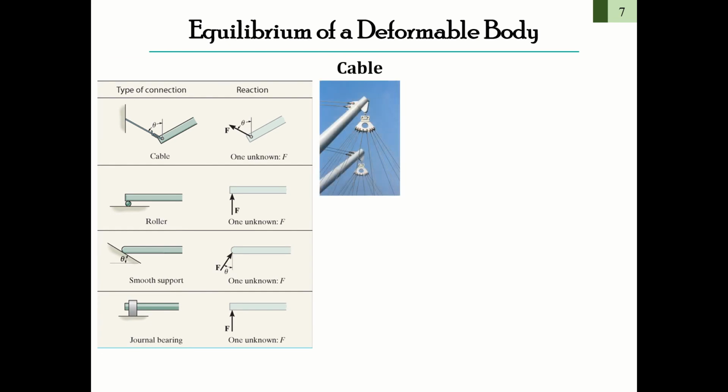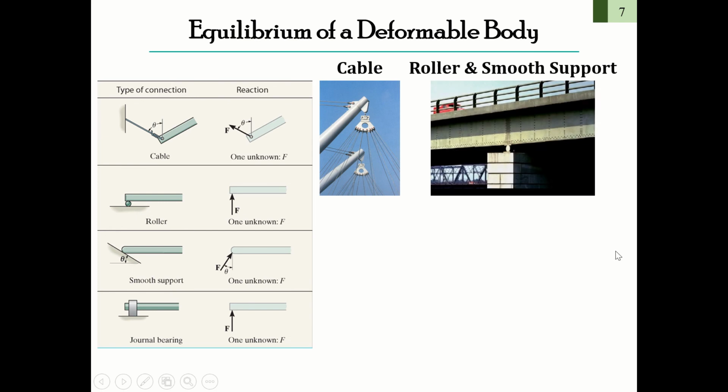In the real world you can see cable examples just like this, and the roller and the smooth support, which you will usually see in a bridge. In the bridge we have the roller support.